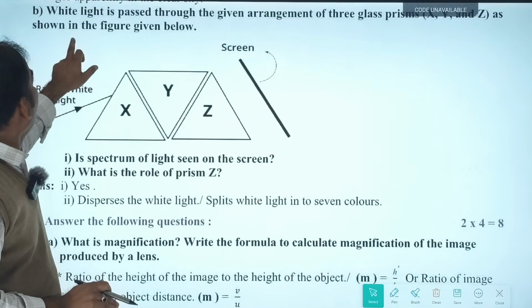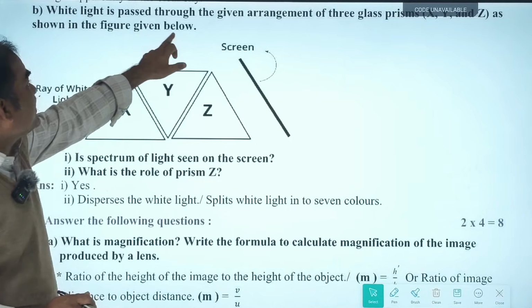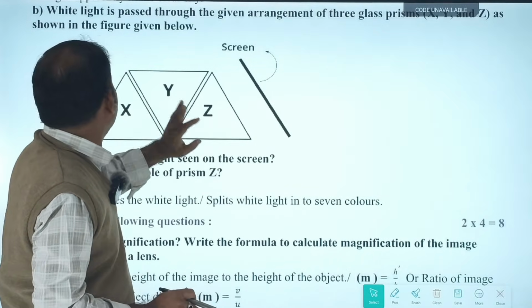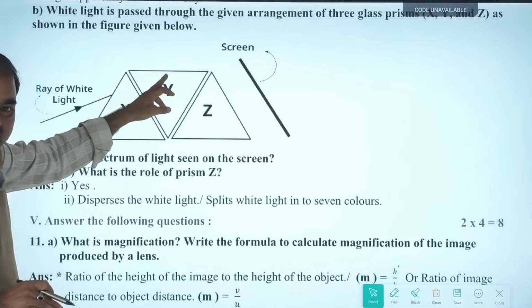Next question. White light is passed through the given arrangement of three prisms X, Y, Z shown in the figure below.